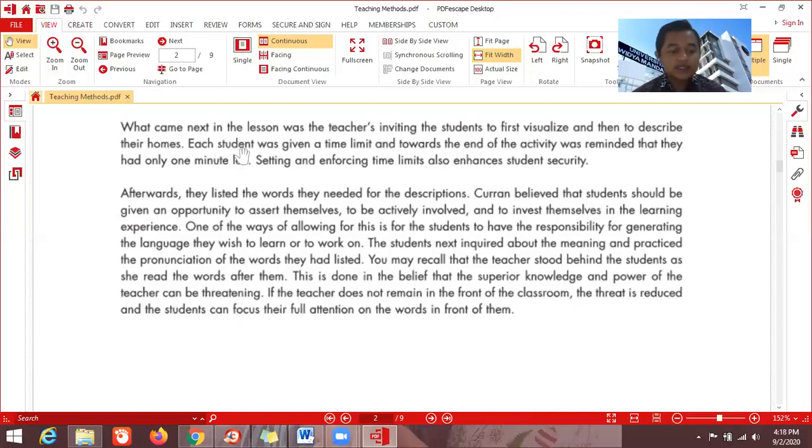So each student was given a time limit, and towards the end of the activity was reminded that they had only 1 minute left. Setting and enforcing time limits also enhances student security. I learned throughout my process of learning that during tests, it will be much better if the test takers are given time limits.